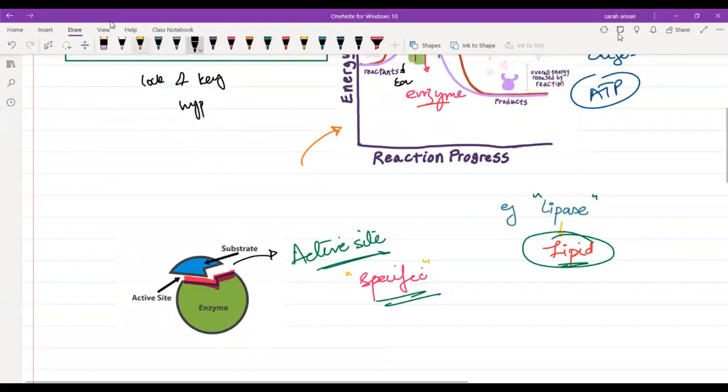So let's take another example. Let's talk about protease. Protease is the enzyme that is basically breaking down protein. This is the enzyme, and I'm saying that this particular enzyme is protease. This protease is obviously going to bind to a protein.